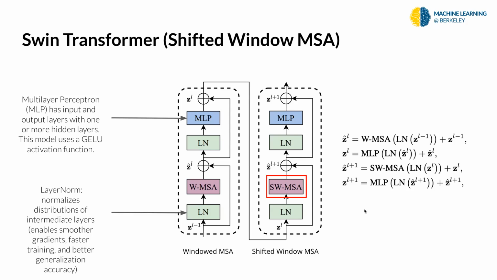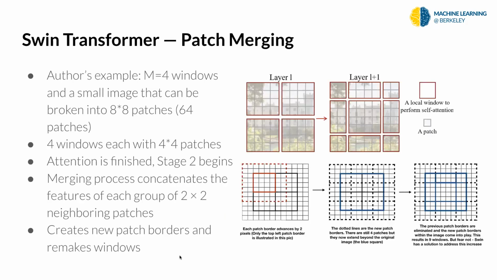Moving on to the shifted window, this is where the patch merging process comes into play. The author's example takes M equals 4 windows and a small image that can be broken into 8 by 8 patches, which is 64 total patches in an image. So we can see here, this is our total image.